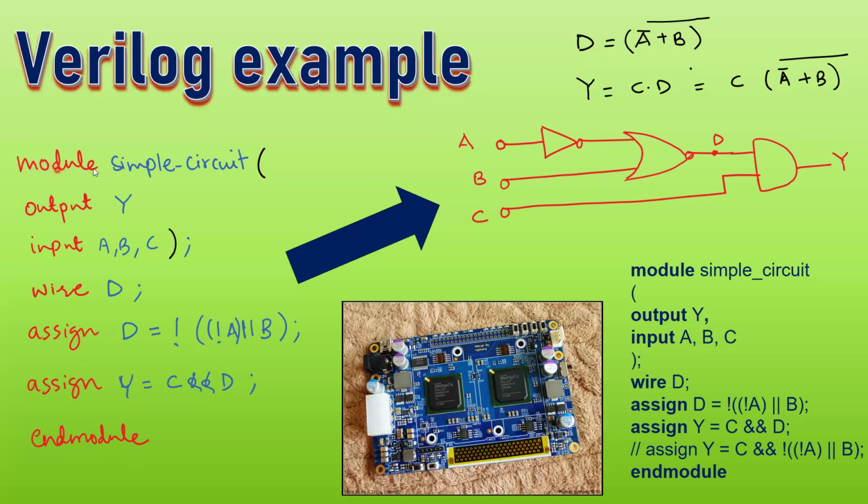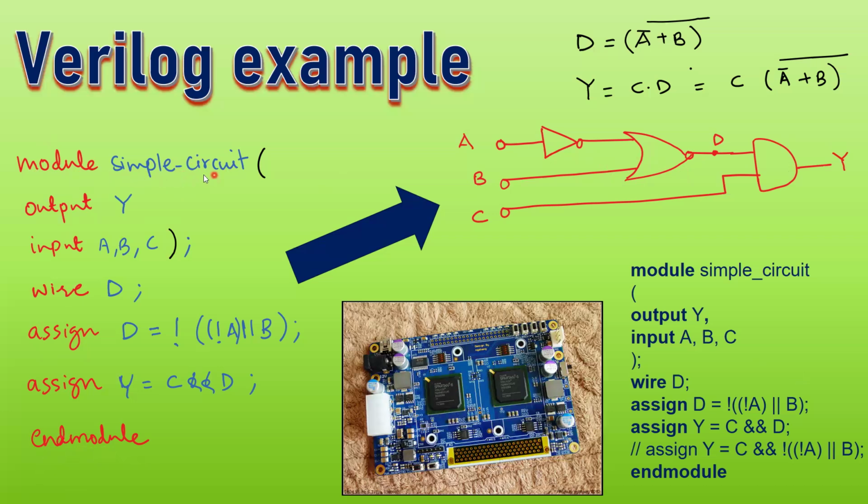In the beginning you start with module, and in the end you end it with endmodule. These two are there by default. Then give a name to your circuit. You can call it an example or combinational circuit. I have named it simple underscore circuit, so you can use the underscore: simple_circuit.